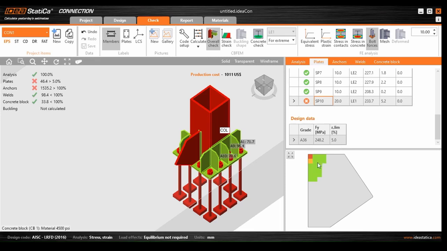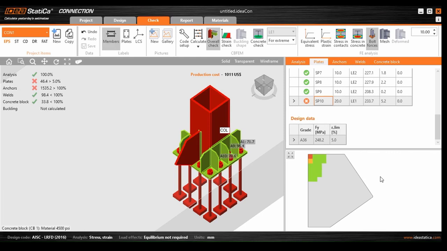Most of the designers ignore this small portion because it is mostly due to concentration of stress, and sometimes it is due to the error in finite element method as well. So we can ignore this part because most of the designers do that.